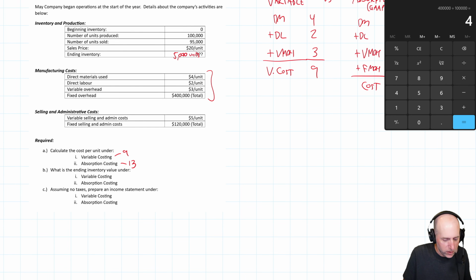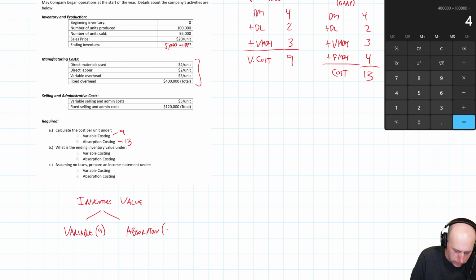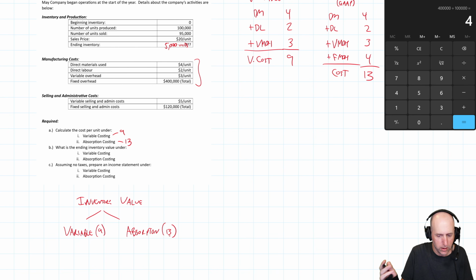So what's the value of my ending inventory? Well, inventory value under variable costing, and we've just said variable is $9, and under absorption 13. So we think our cost of goods is $9 under variable.